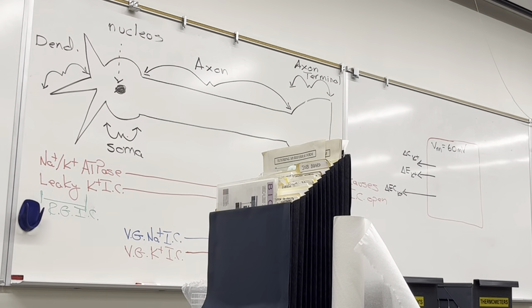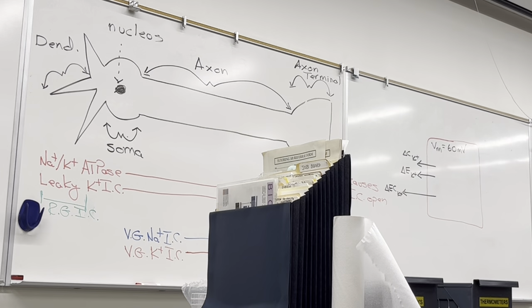Do they occur in dendrites? They occur in the axon. The axon and the axon terminal. That's exactly right.